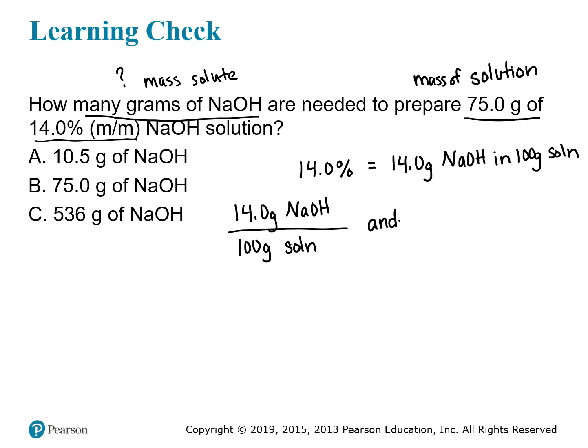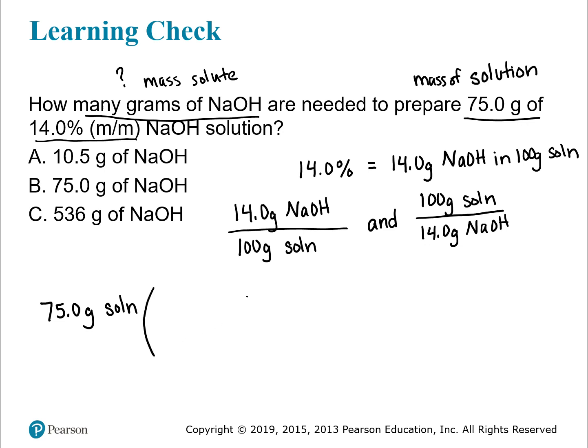The second conversion factor we can write is the reciprocal. We're starting with 75 grams of solution. And we need to figure out how many grams of sodium hydroxide. That means we need to cancel out the grams of solution and be left with grams of sodium hydroxide.